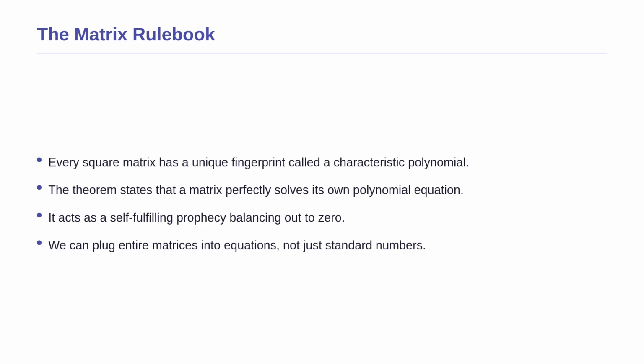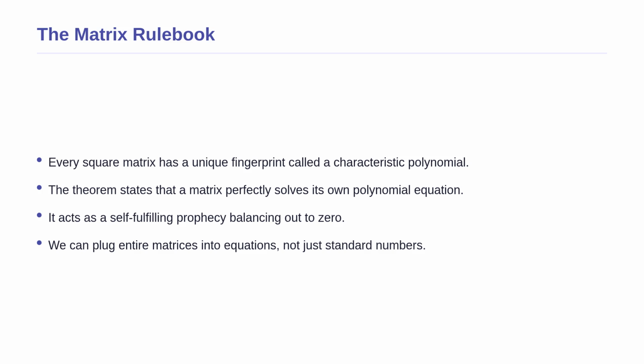Before we look at the math, let us understand why this concept matters. Every square matrix has a unique fingerprint or DNA sequence known as its characteristic polynomial. Normally, we plug regular numbers into polynomials, but the Cayley-Hamilton theorem states something that feels almost like magic.